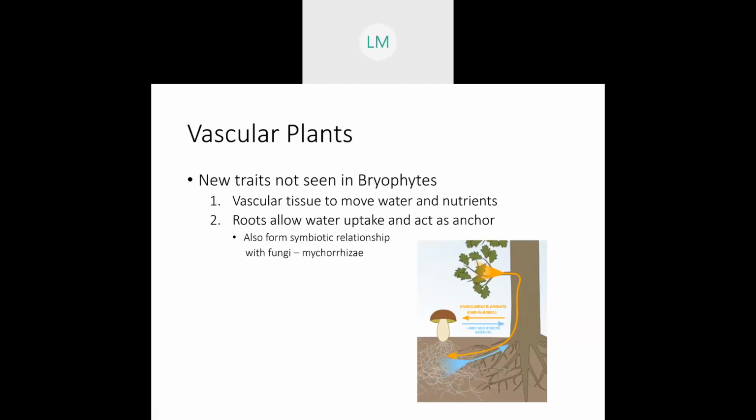And then they can also form, so if you've listened to the microbe lecture, there's this symbiotic relationship that fungi have with plants called mycorrhizae. And this is where the structure of the fungi interacts with the structure of the roots, and they basically have this mutualistic relationship.